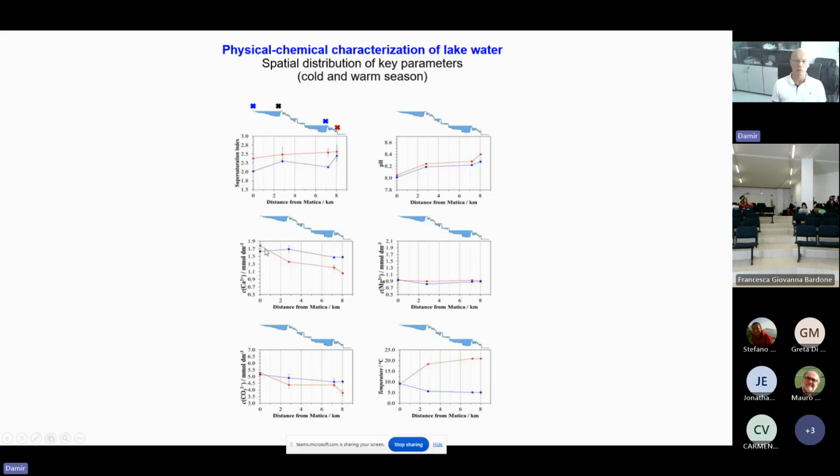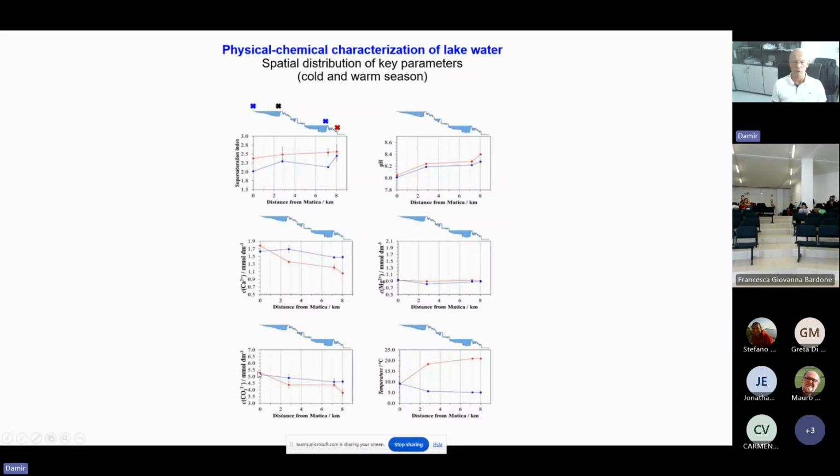The calcium concentration decrease is a consequence of tufa precipitation, which started here and continued to the end of the system. The concentration of magnesium is practically constant. Similar to calcium is a decrease of total carbonate.